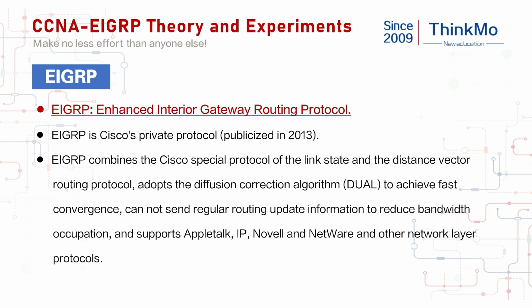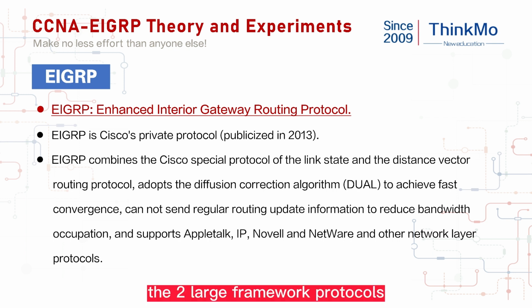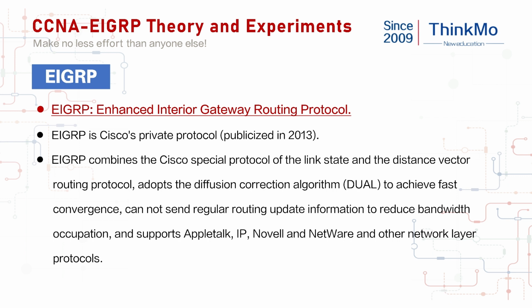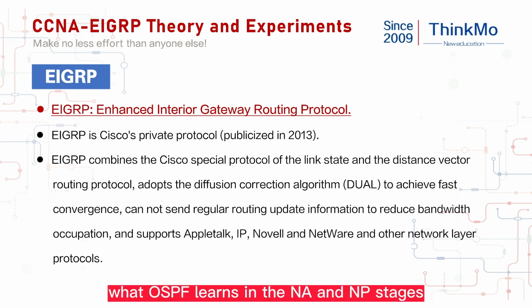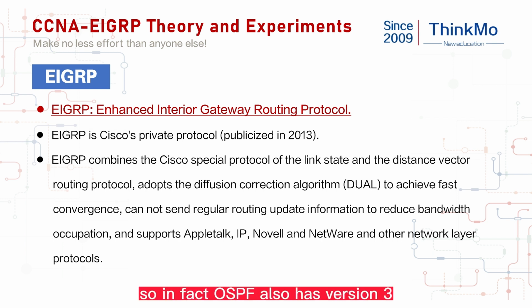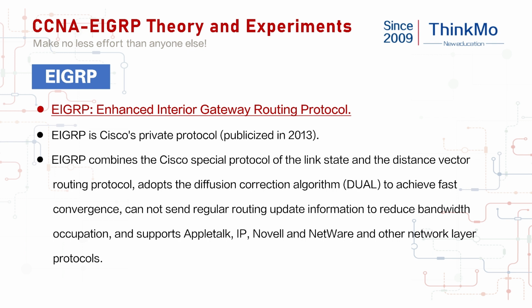Actually, what we're talking about, IPv4 and IPv6, are two large framework protocols. Then why is there only one IP written here? Is it because we still have to compare with OSPF? What OSPF learns in the NA and NP stages is version 2 of OSPF. In fact OSPF also has version 3.